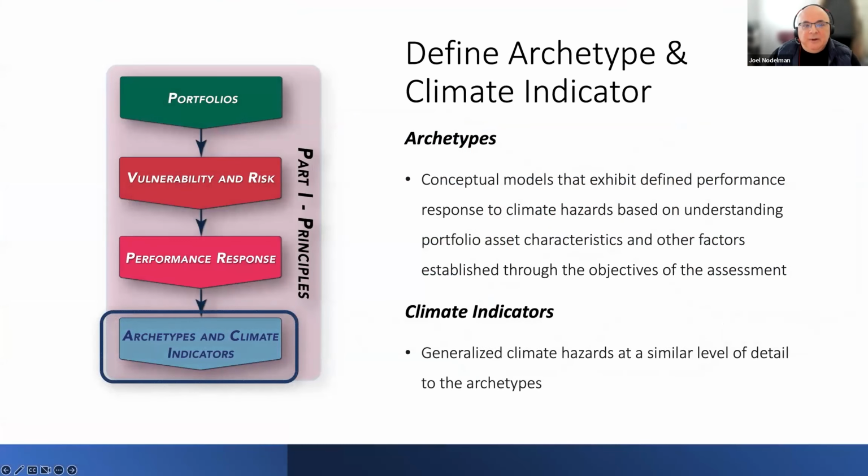We needed to spend a fair amount of time defining archetype and climate indicator. What is an archetype and why did we choose the word archetype? There was a fair amount of discussion around that. Why didn't we just call it an asset class? The reason ultimately was that we viewed archetypes to represent assets, hard assets, like engineered assets, but also softer things like green infrastructure or populations or the way the company is operating certain things or the organization.